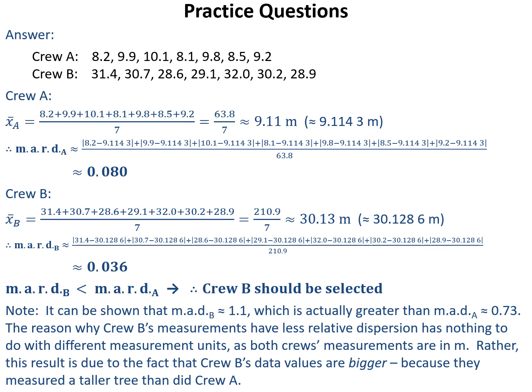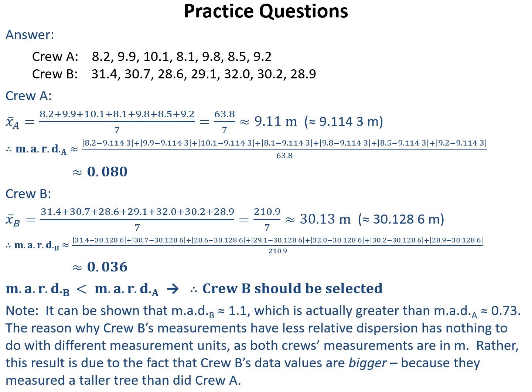For each crew, the MARD is calculated as per the procedure followed in the previous example. First, we calculate the sample mean, and if the sample mean needs to be rounded, then because we're using this number in the subsequent calculation of the MARD, we would round the answer to 2 extra decimal places.